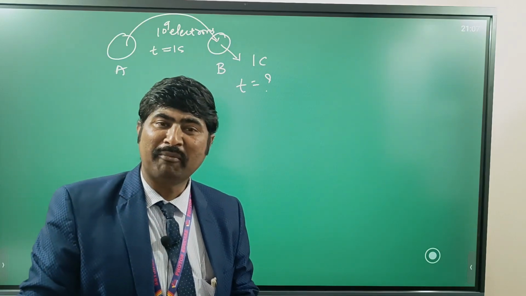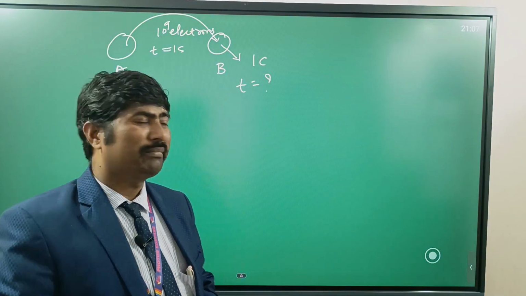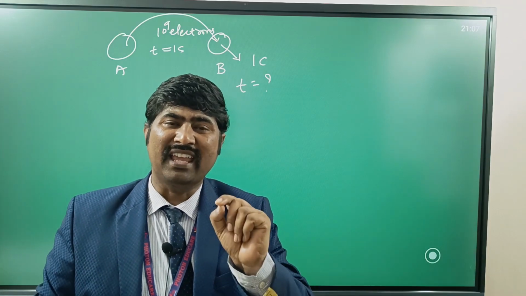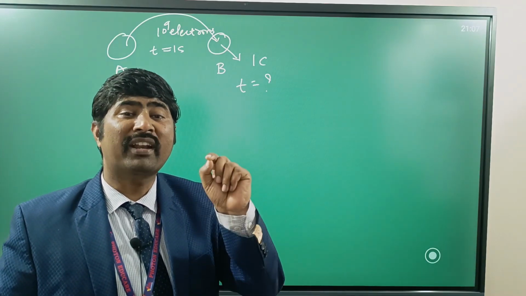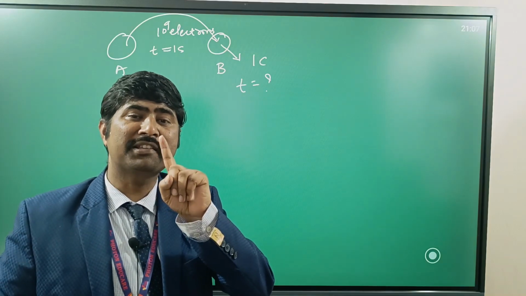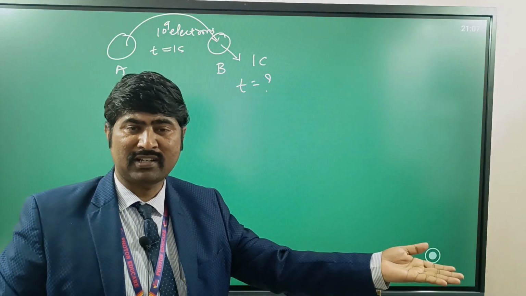Very simple example. We have two bodies, body A and body B. Body A is transferring 10 power 9 electrons to body B every 1 second. That means in 1 second 10 power 9 electrons are transferred.